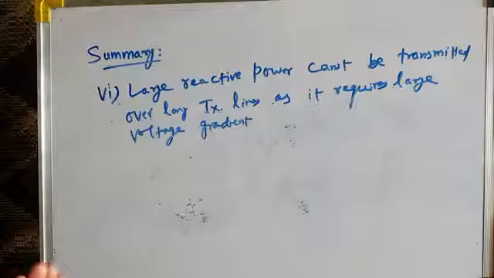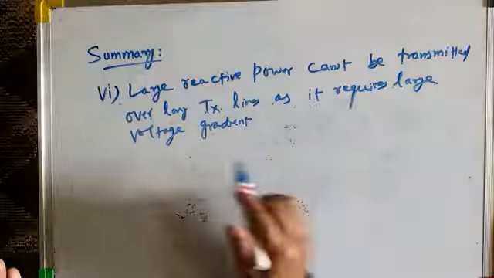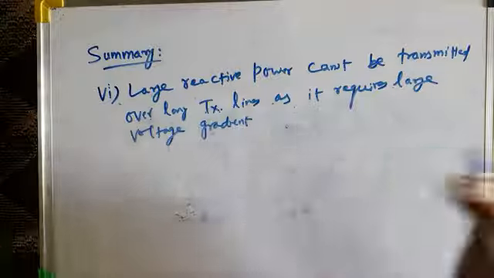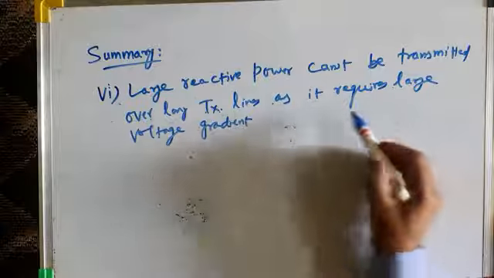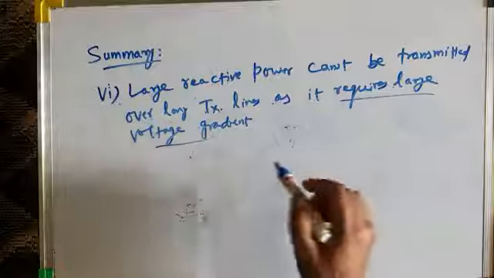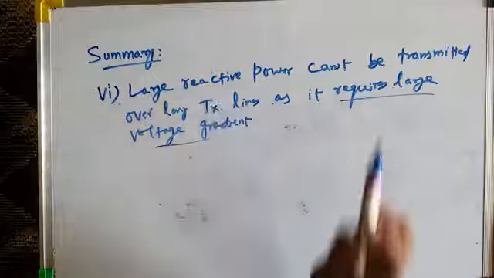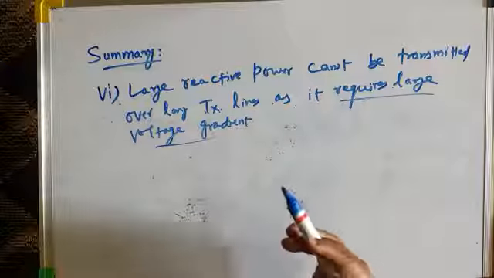And if you are transmitting a huge amount of reactive power over a long transmission line, then the receiving end voltage will be much less than sending end voltage. That's what I am writing. Then it may not be possible for us to transmit huge amounts of reactive power over long transmission lines, because it will result in very poor voltage regulation.